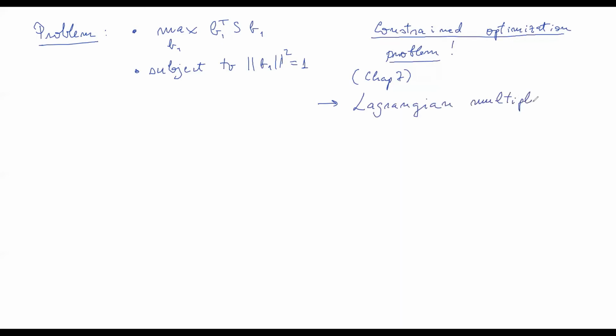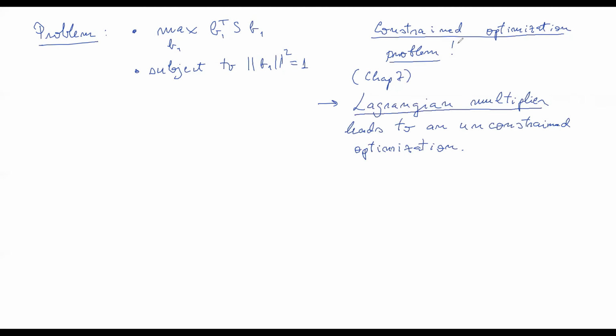The idea of the Lagrangian multiplier is that from a constrained optimization problem, it leads to an unconstrained optimization. And the point with the unconstrained optimization is that you can then use calculus and take partial derivatives, which is going to lead quite fast to a solution. So this idea of the Lagrangian multiplier is a general technique for solving constrained optimization problems.